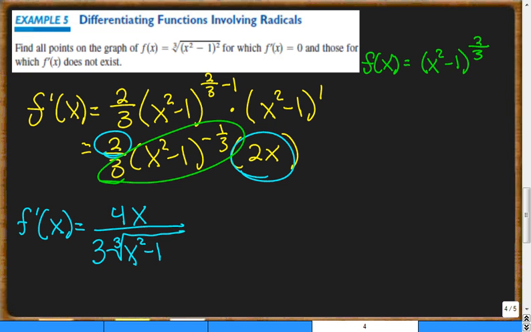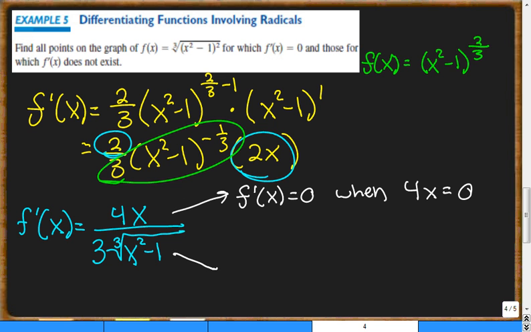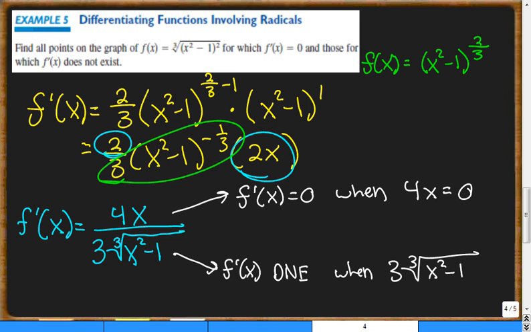All right, so when does f prime of x equal 0? That's only when 4x equals 0. And f prime of x does not exist when 3 times the cube root of x squared minus 1 equals 0.